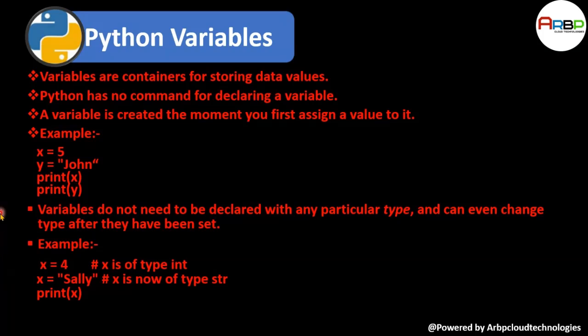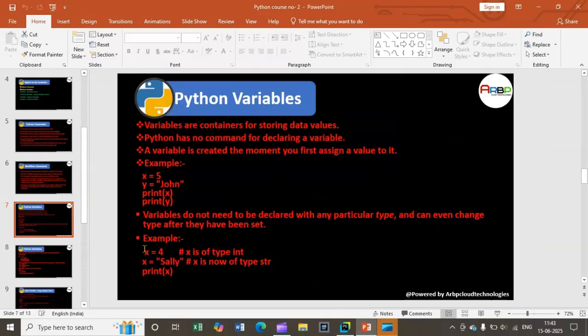Here you can see the example: x is equal to 4, and x is of type int. x is equal to Sally, and x is now of type string. Print x. So first it was an integer, now it is a string. So x will be Sally, a string. Class str it will show. Here it is now.